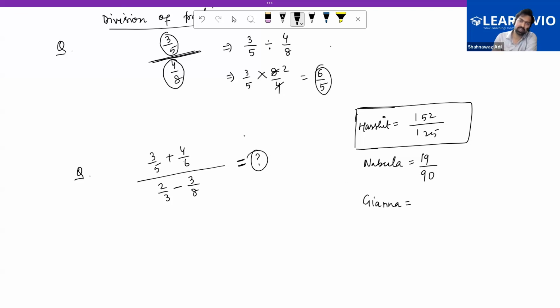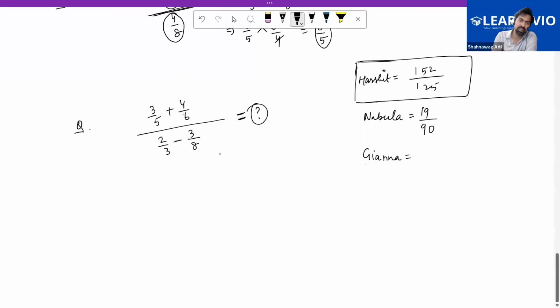Okay, so let's check here. As Gianna suggested earlier, we have to simplify this first. So this is the simplification. We have 5 and 3, and there are no common factors, so the LCM is 15. We multiply this by 3 and this by 5.